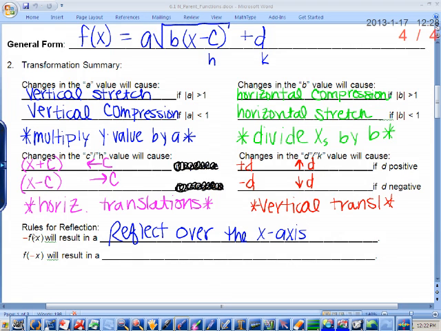All right, when the negative is inside, instead, it's going to be a reflection over the y-axis. Okay, so a nice little refresher on our rules of transformations.